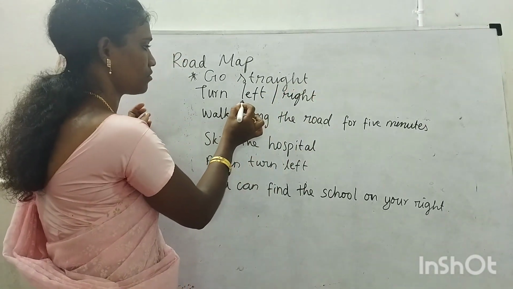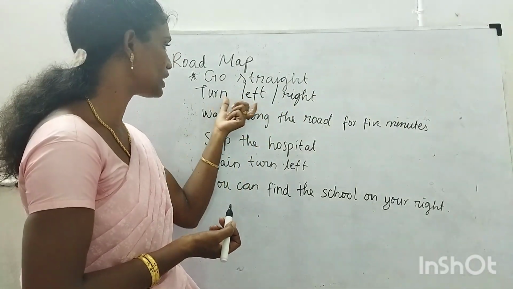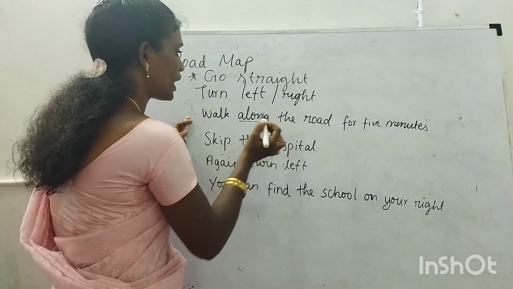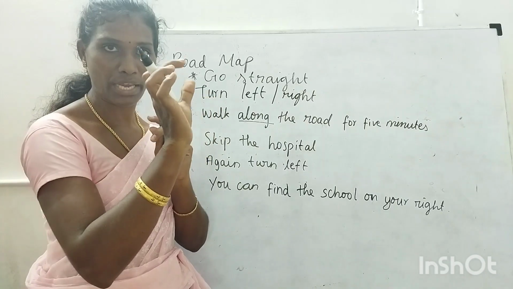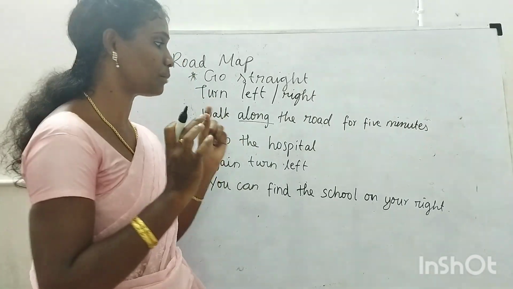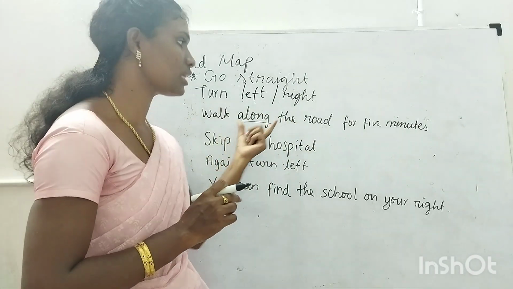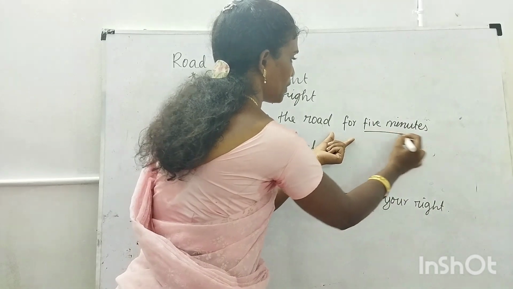Spelling: L-E-F-T or R-I-G-H-T. Turn left or turn right. And the next point you can use is walk along the road. If there is a word main road or street road, you can mention that: walk along the main road or walk along the street road for 5 minutes.